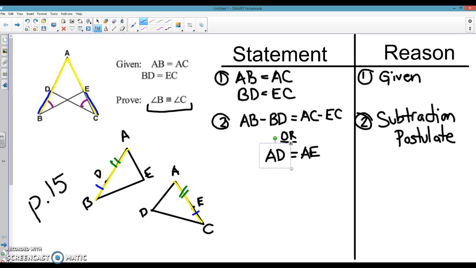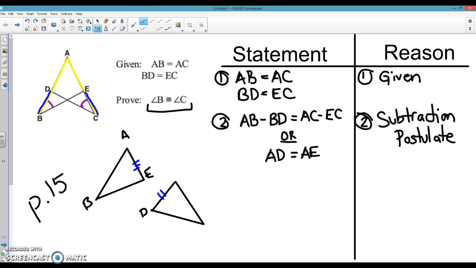Now, we just said that AD is equal in measure to AE. So if we take a look at these two separate triangles, AE is here and AD is here. So now what we have, and because we have the hash marks going, let me write that quickly.